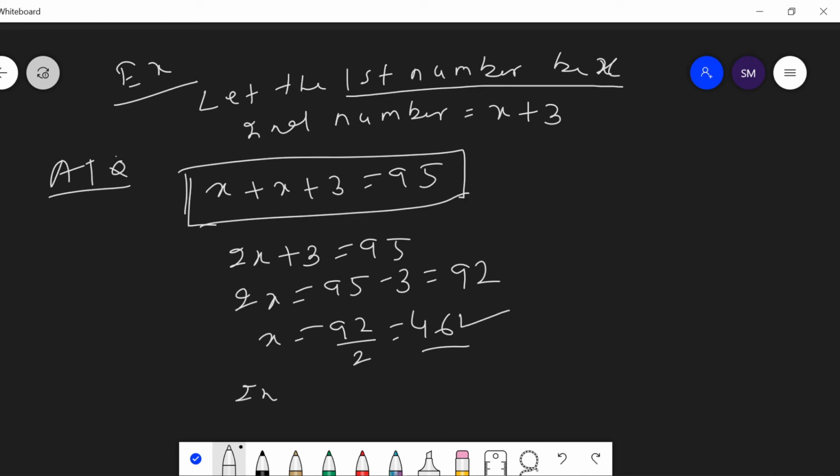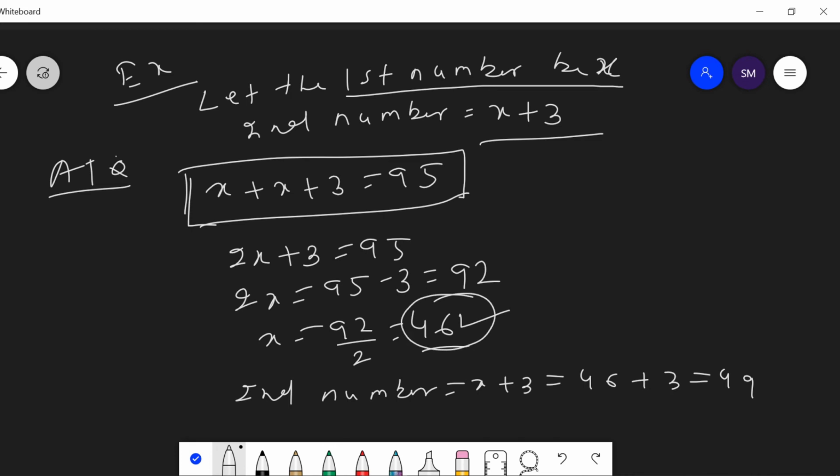Then the second number is equal to x plus 3, which is equal to 46 plus 3, which is 49. Here these two numbers are: the first number is 46 and the second number is 49.